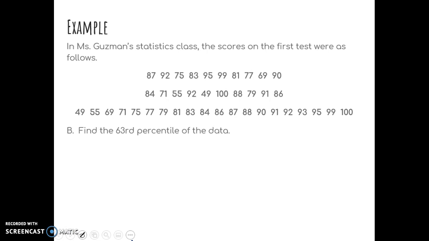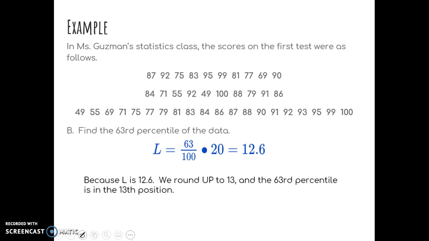Okay, hopefully you had time to pause it and try to work this out. Let's look at what happens. For the 63rd percentile, we plug 63 in for P. There's still 20 data values, so 63 over 100 times 20 is 12.6. For this one, we use the rule for when we get an answer that is a decimal. It's not a whole number, so we're going to bump 12.6 up to 13.